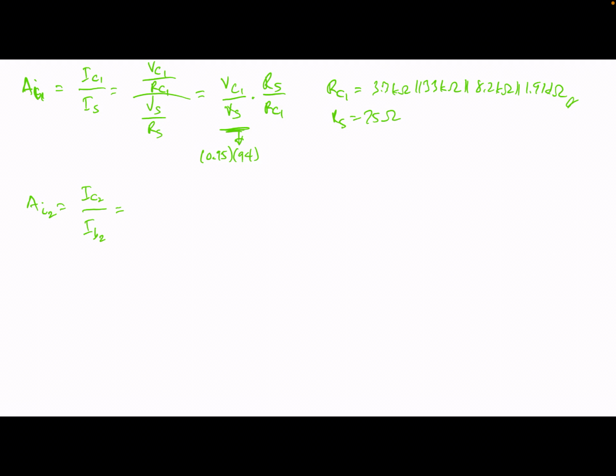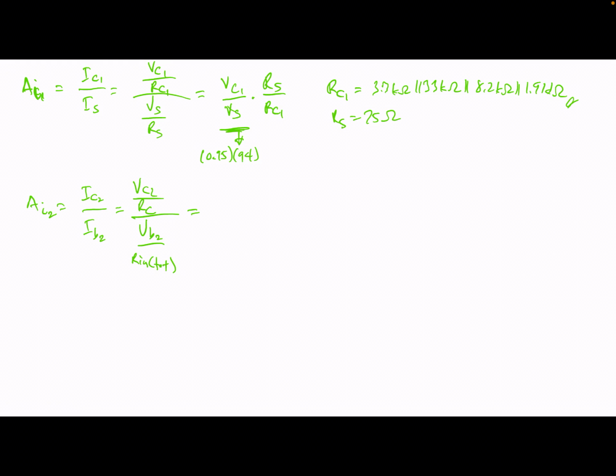The collector current at stage 2 is just the collector voltage divided by the collector resistance. Again, this is the effective collector resistance. The base current is just the base voltage divided by the total input resistance, whatever it sees at the input.